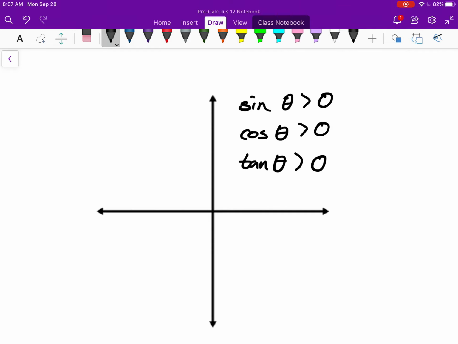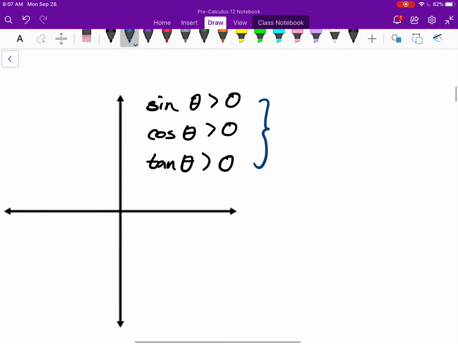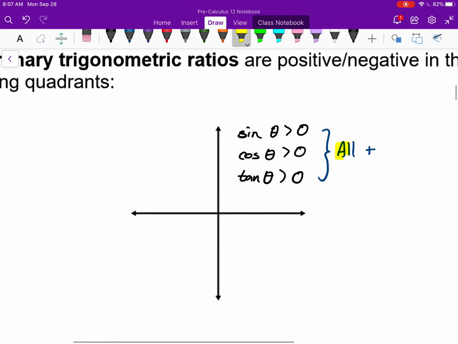The sine, cosine, and tangent of those are all positive. All right, in the second quadrant, only sine is positive. I'll put the sine of theta. Cosine and tangent are both negative in that quadrant.